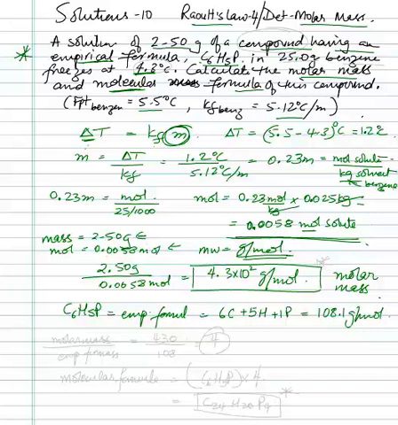So the molar mass divided by the empirical formula mass will give us the index that we need. 430 divided by 108 gives us 4.